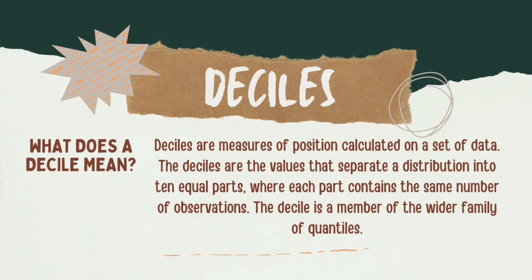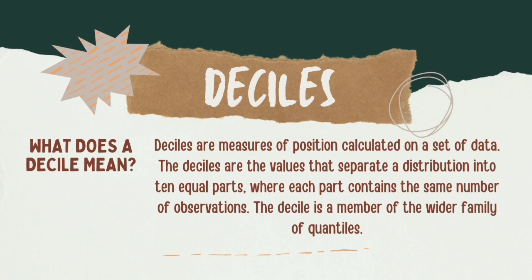Next is deciles. Deciles are measures of position calculated on a set of data. The deciles are the values that separate a distribution into 10 equal parts, where each part contains the same number of observations. The decile is a member of the wider family of quantiles.